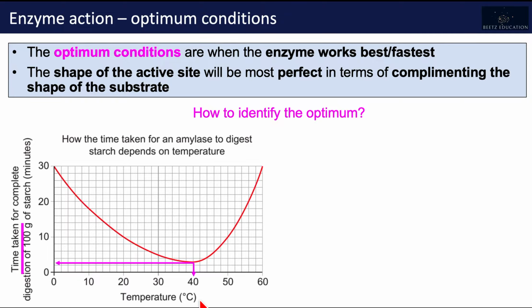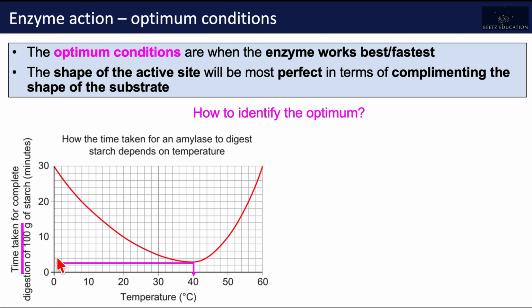If I were asked to identify the time taken or deduce the time taken for starch to be digested at the optimum temperature, well, I can see the optimum is 40 degrees. I'd read across to the y-axis, and my answer in this case would be 3 minutes. Okay, 2, 4, 6, 8, 10.